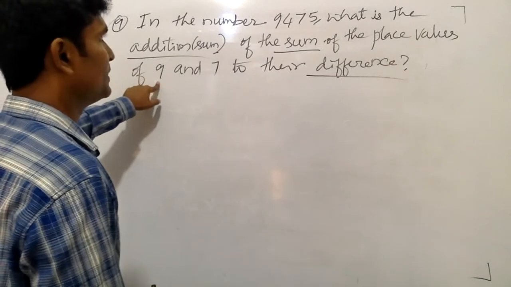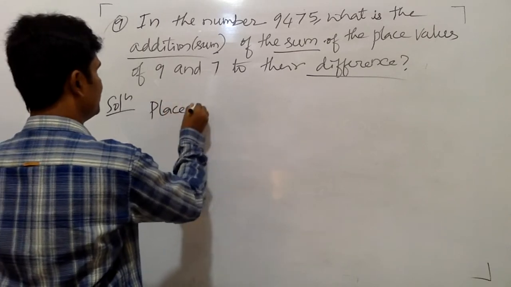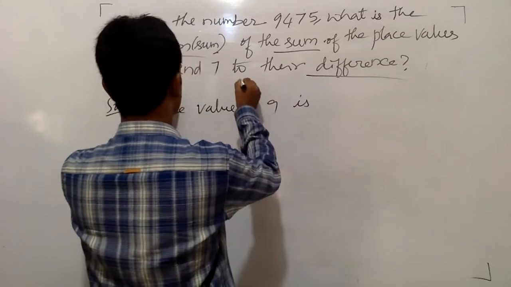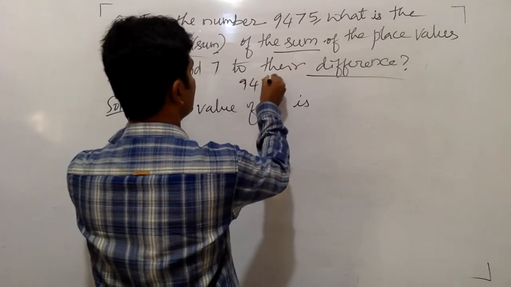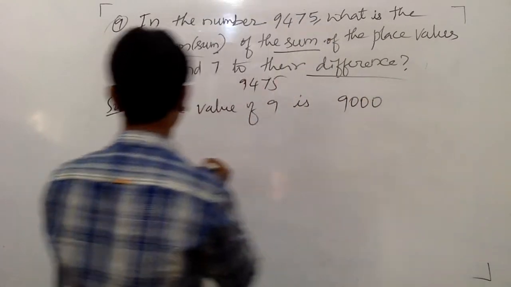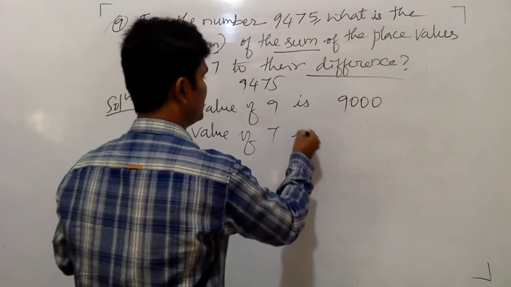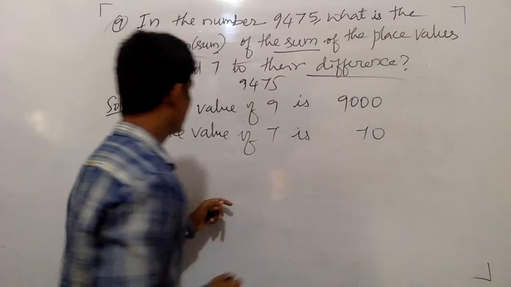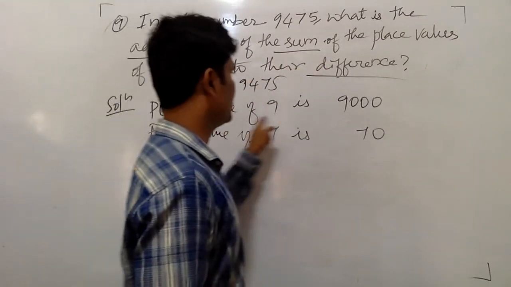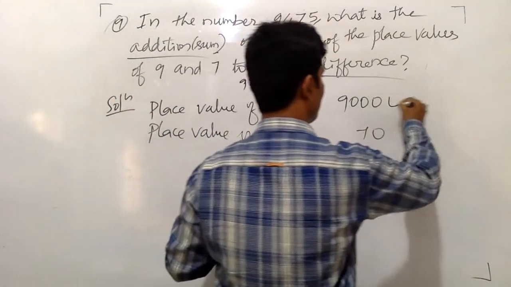Okay, solution: place value of 9 in 9475 is equal to 9000. Place value of 7 is 70. So they have mentioned place values of 9 and 7, that's why I have written place value of 9 and place value of 7. So one part is completed.